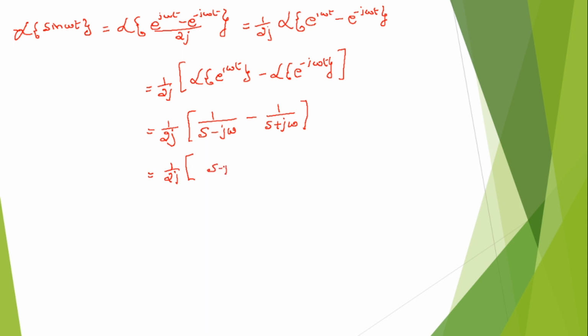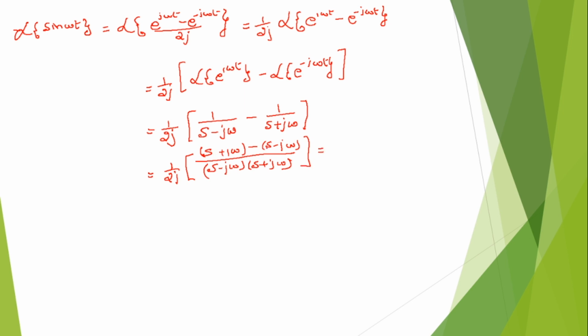s minus j omega into s plus j omega as the LCM, numerator equal to s plus j omega minus s minus j omega.